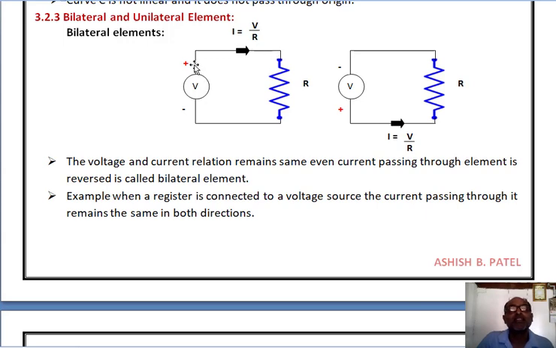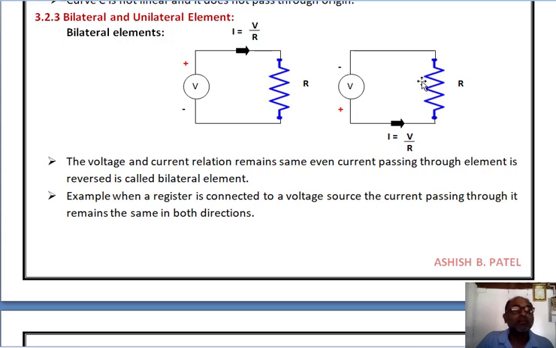When the resistance is connected to the supply voltage, due to this closed circuit, current flows through the circuit, and the direction of current is always from higher potential to lower potential. We can find the current passing through this circuit: I is equal to V upon R. That is nothing but Ohm's law.